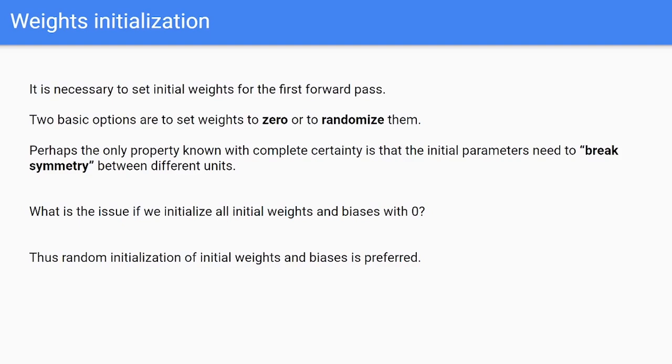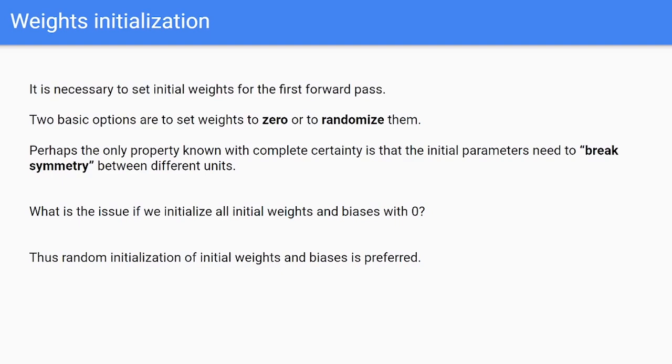Perhaps the only property known with complete certainty is that the initial parameters need to break the symmetry between different units. If two hidden units with the same activation function are connected to the same inputs, then these units must have different initial parameters.